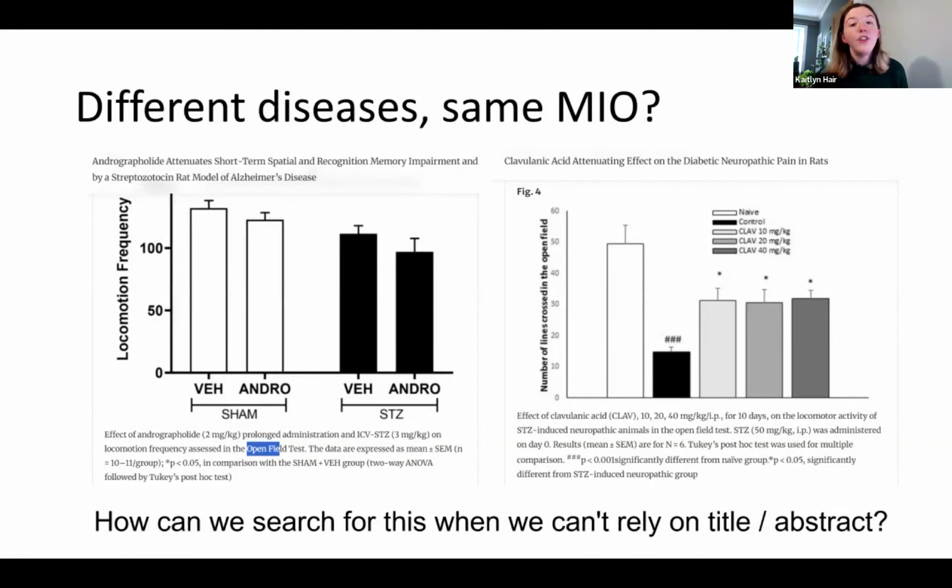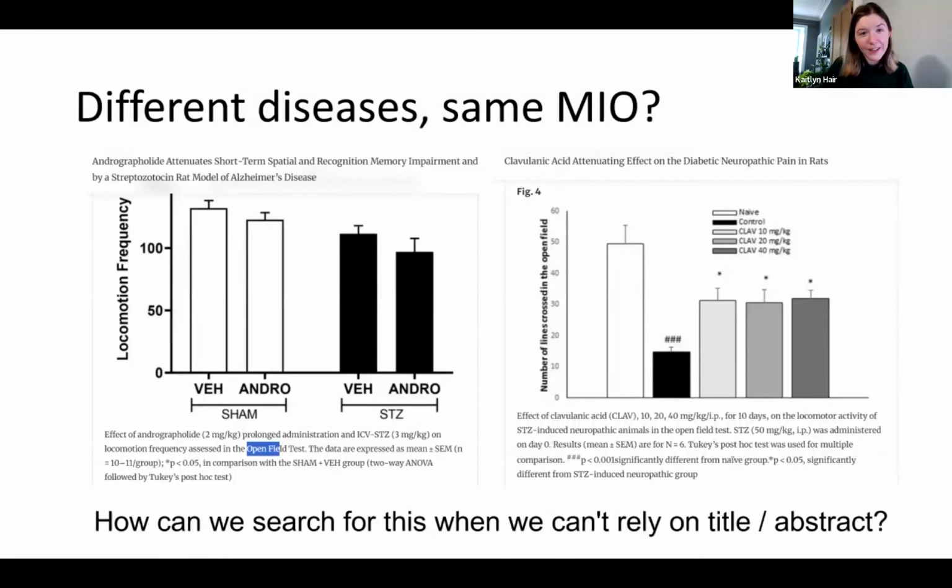We also found in the neuropathic pain literature that STZ was being given to induce diabetic-induced neuropathic pain. In both of these examples, in completely different literatures, they're giving the same model induction, STZ, and measuring it on the same outcome measure, which in this case was the open field test.